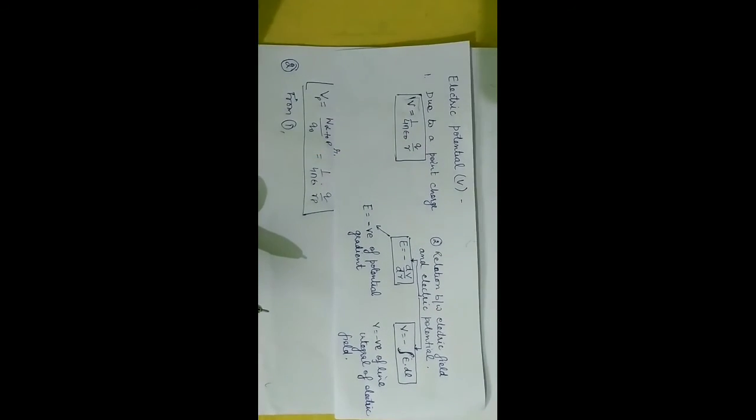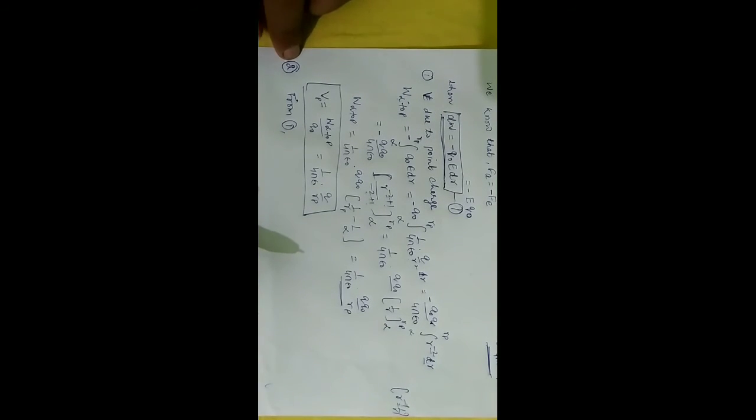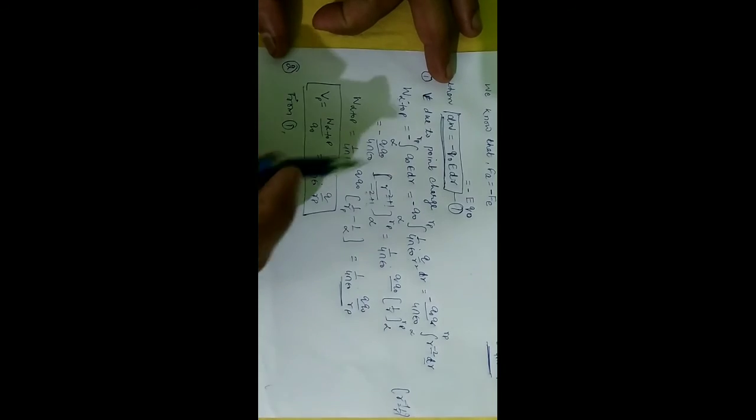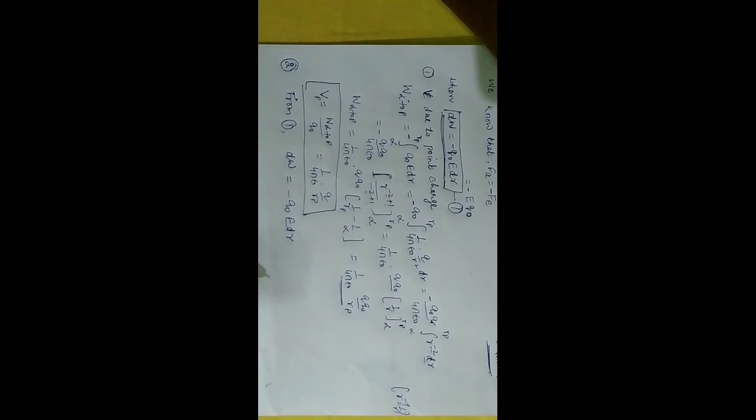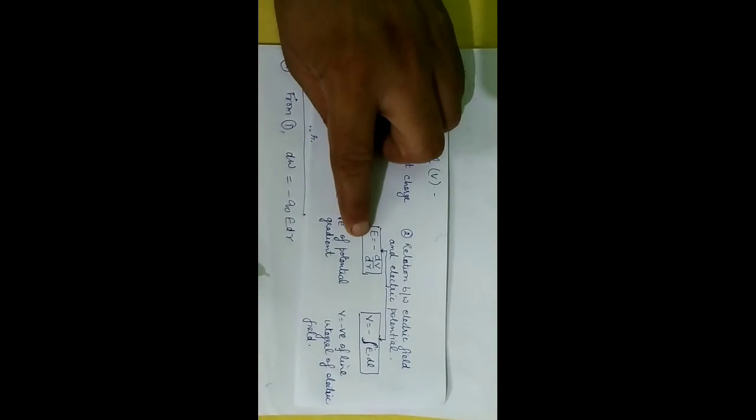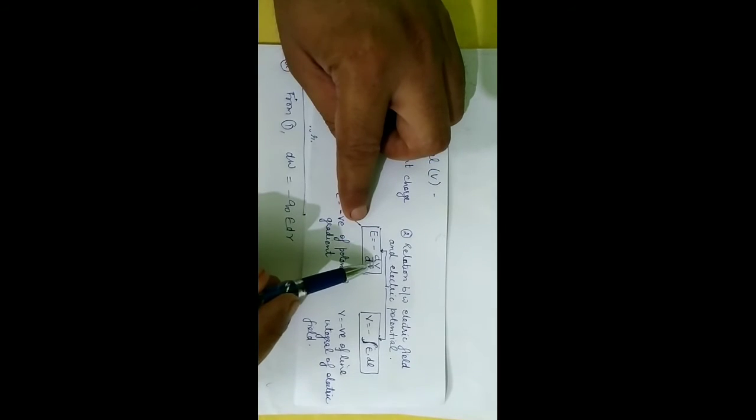Now we are going to find the second relationship from here, that is dW is minus q naught E dr. So what is our relationship? That is, electric field is negative of potential gradient, that is dV by dr.